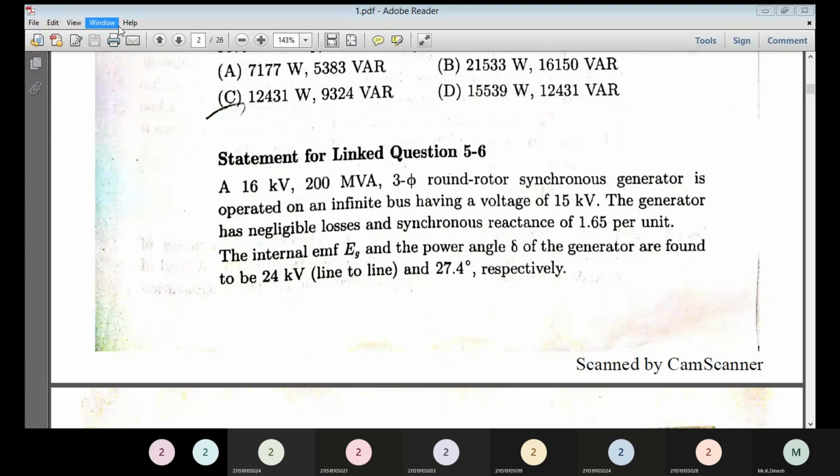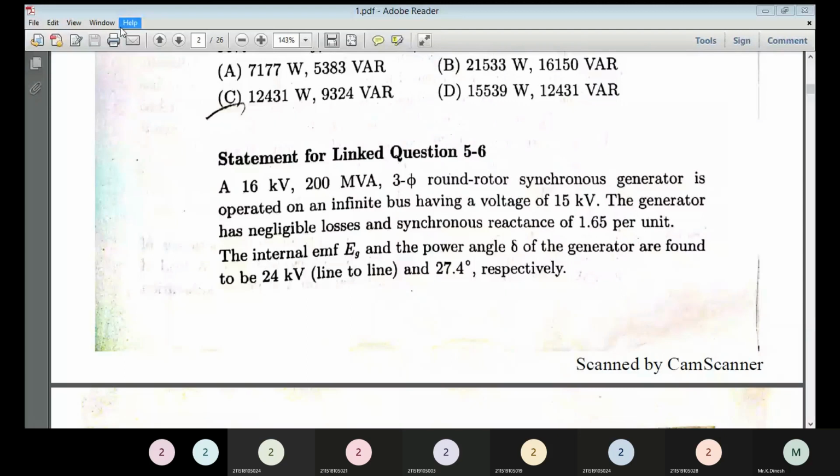The synchronous reactance is 1.65 per unit. The internal EMF Eg and the power angle delta of the generator are found to be 24 kV line to line and 27.4 degrees respectively. So these are the information commonly given in the 2 questions.